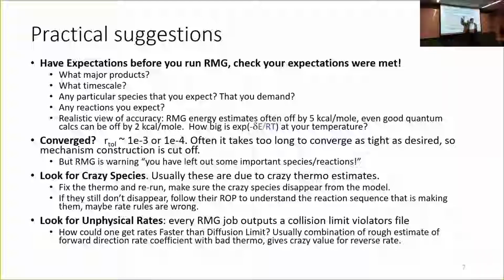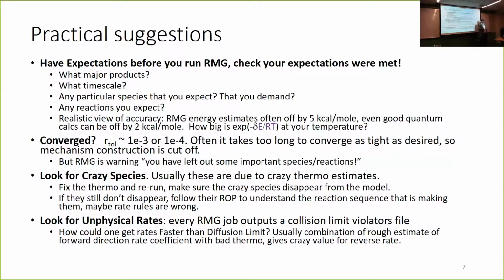You might not know exactly what it is, but you know it's fast, or you know it's slow. And often you have particular species that you demand, that you will not accept any model that does not include these species, because I love these species, they must be in my model. So if you know it, then demand it right away. And there might be some reactions that you expect to be in the model too.